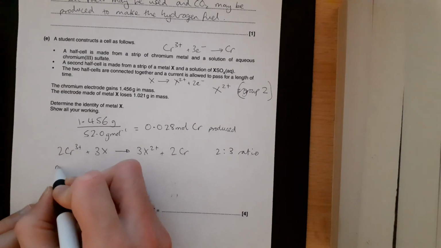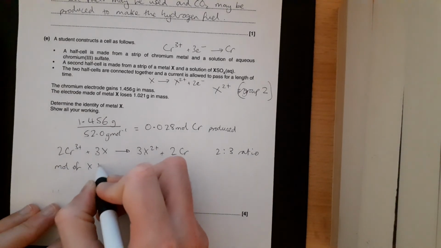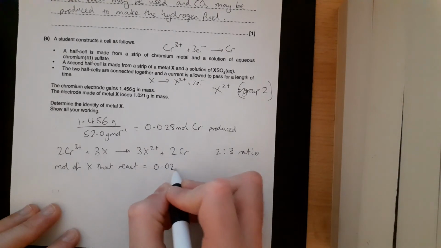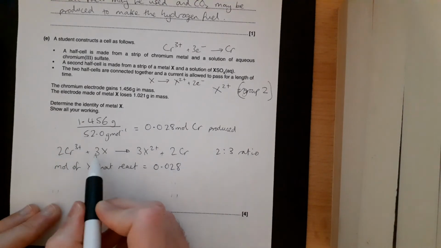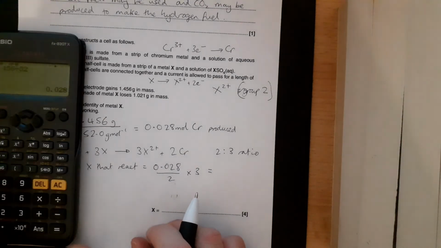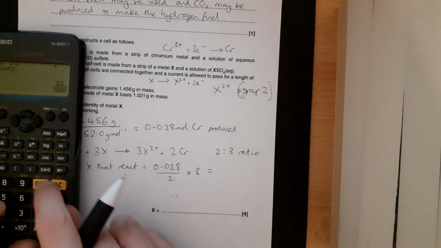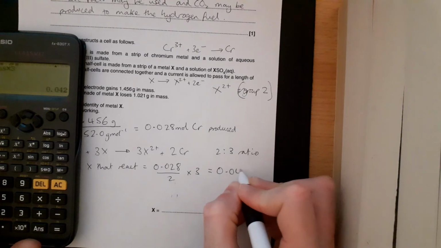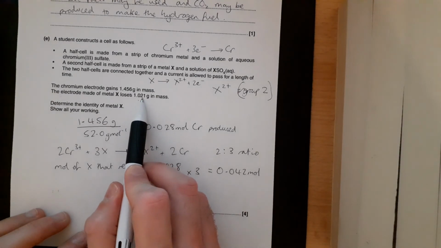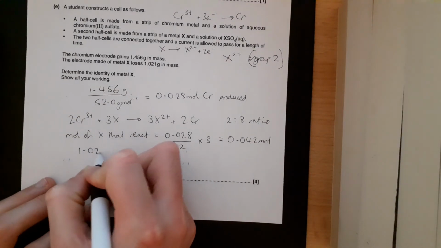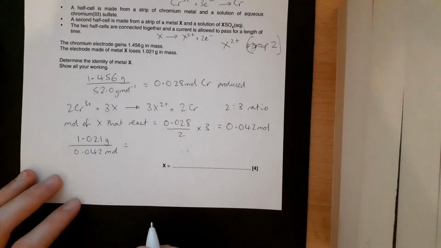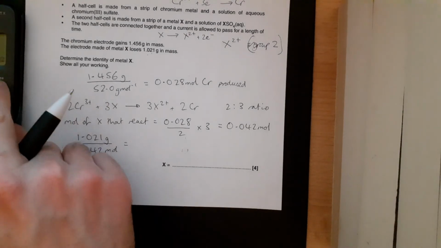So the moles of X that react is going to be 0.028 divided by 2 times by 3. So it's 0.042 moles. And then we can work this out because we know the mass. So we can do that divided by that, and that will give us the atomic mass, which will allow us to identify what the metal is.